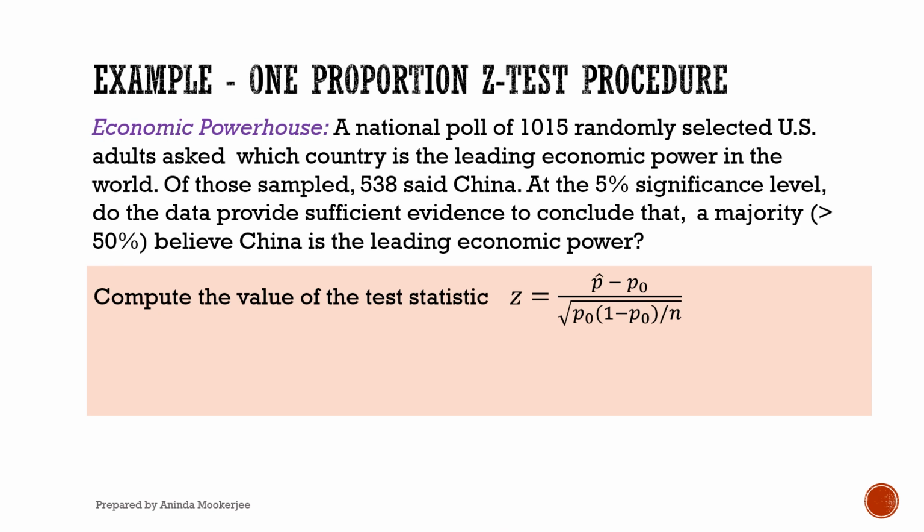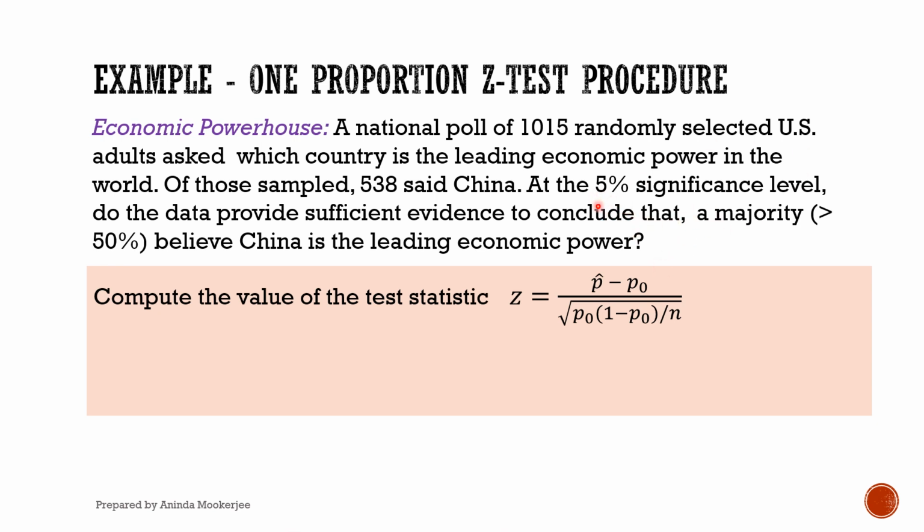Now, in the previous slide, we did the first two parts of a hypothesis test where we stated our null and alternate hypothesis, and we also determined our significance level, which comes from whatever significance level we are asked to perform the test at. From the significance level, we derive the alpha value, right?